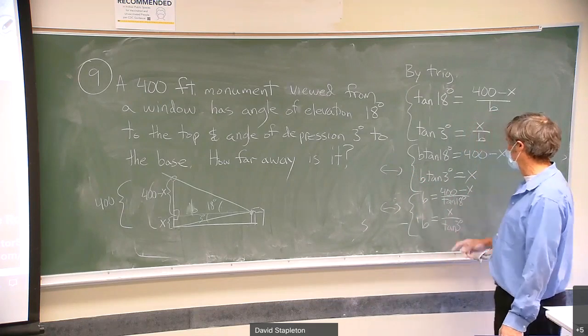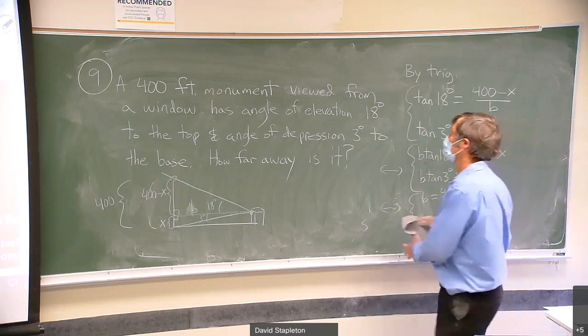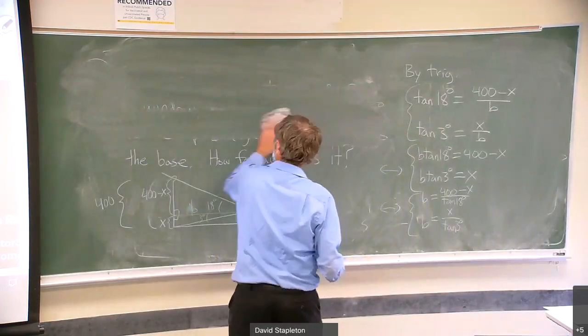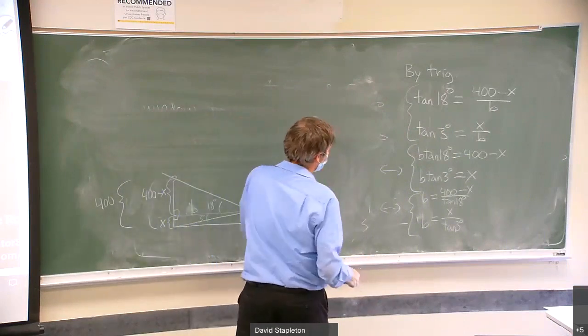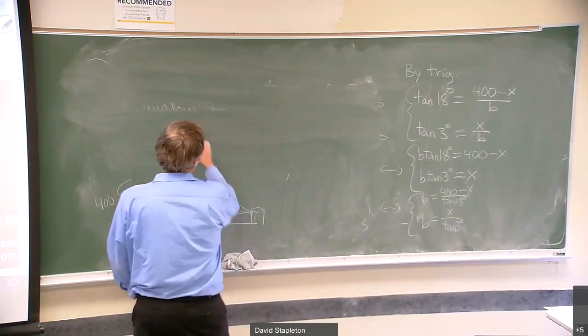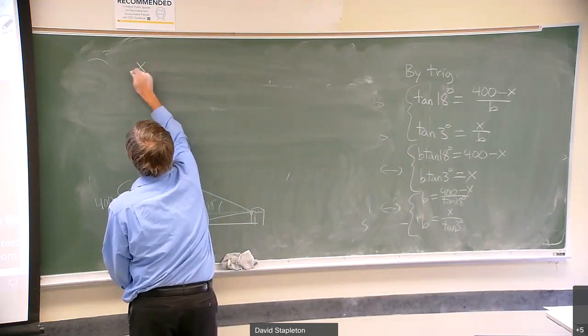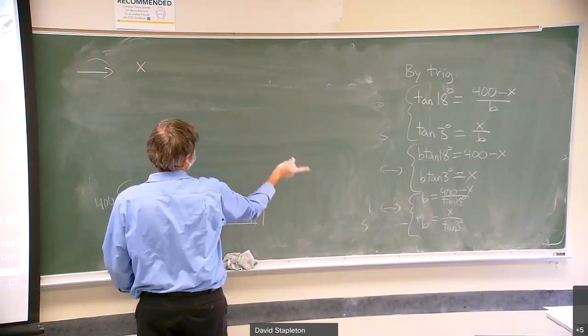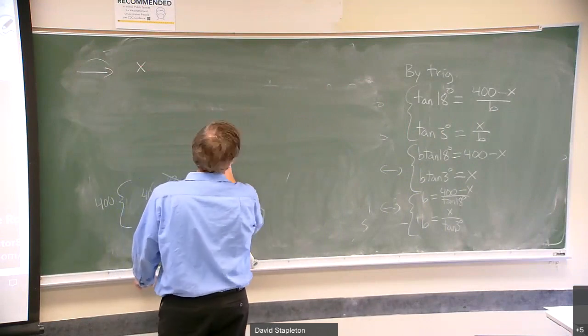I can solve for b in both of them, and now that means I can set these two equal, right? So if I set those two equal, then I get x over tangent 3 degrees. The arrow means implies: if that is true, then this is true. That means the two are equal.